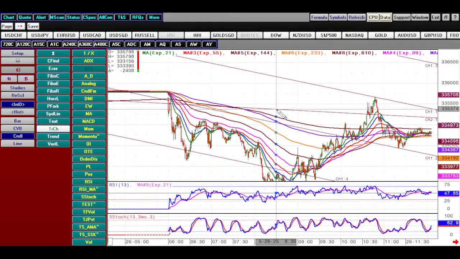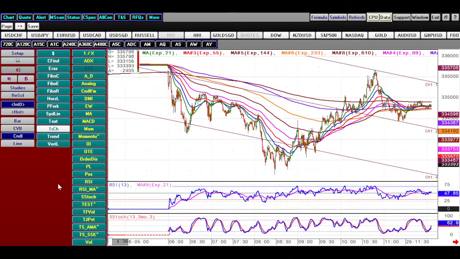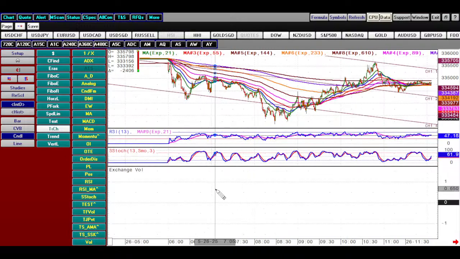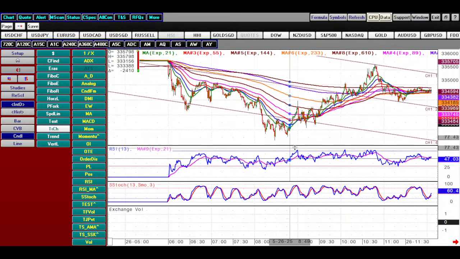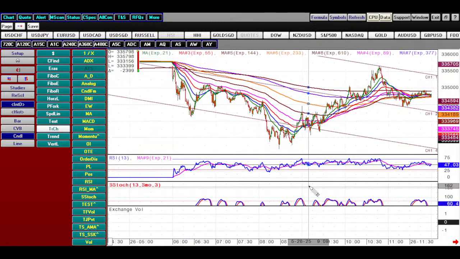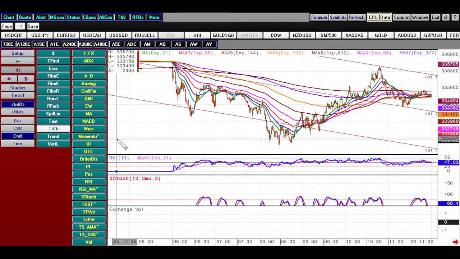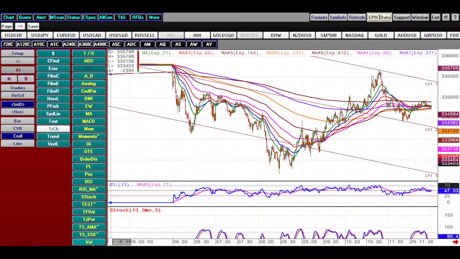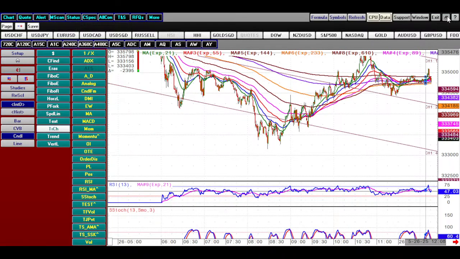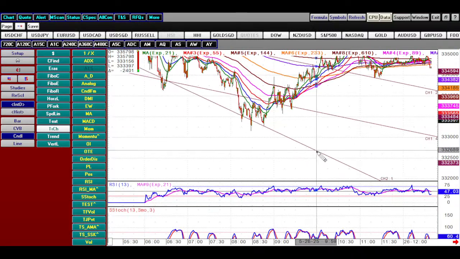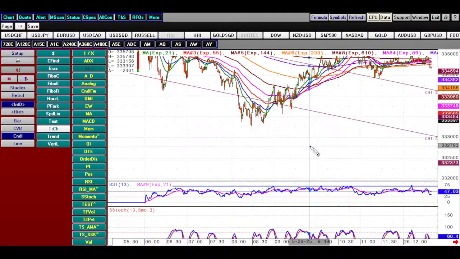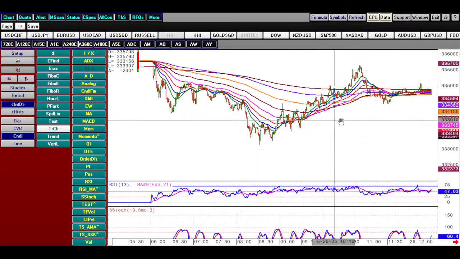And I'm not sure whether this volume is genuine, because for futures we can get volume, but for forex, it's a bit difficult to get the volume.